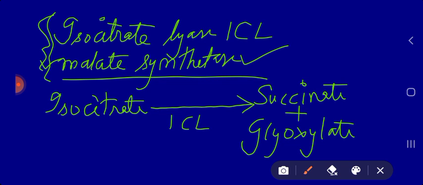Well, malate synthetase is also involved in the glyoxylate cycle pathway.